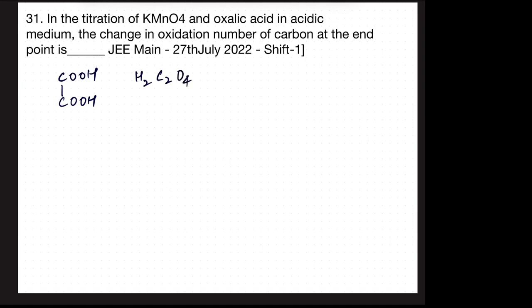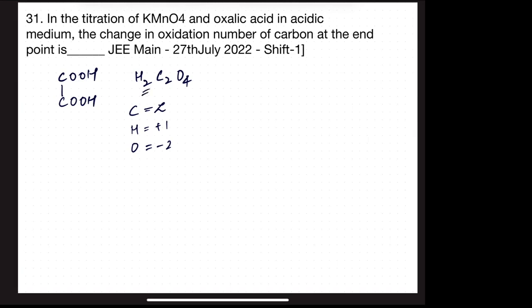Now what is the oxidation state of carbon in oxalic acid? Let the oxidation state of each atom of carbon in oxalic acid be Z. The oxidation state of hydrogen is +1 and the oxidation state of oxygen is -2. The molecule of oxalic acid is neutral, so the total charge on the molecule is 0.